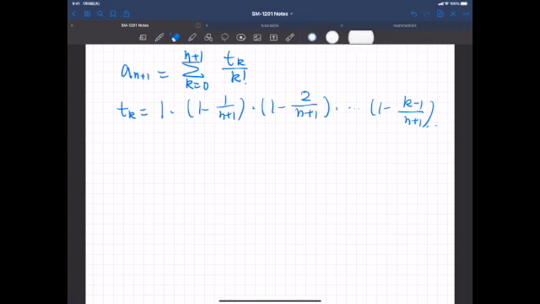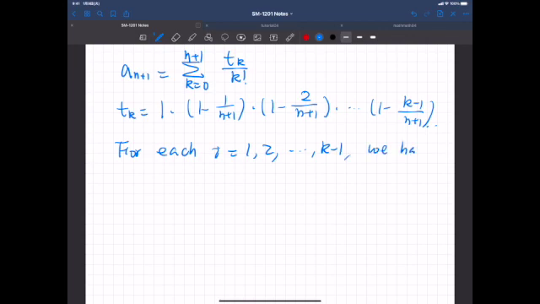But for each i from 1 up to k minus 1, we have this inequality: 1 minus i over n is less than 1 minus i over n plus 1. Sorry, this is not k, this should be n.